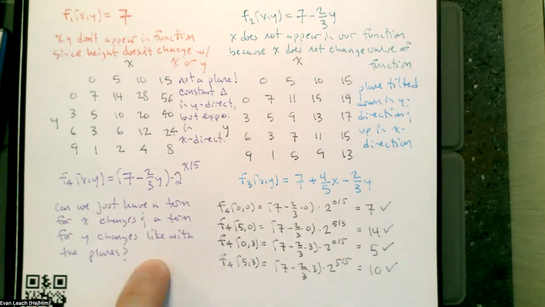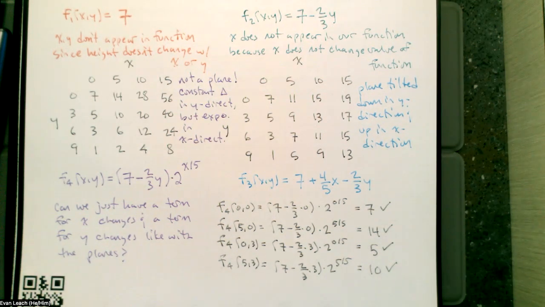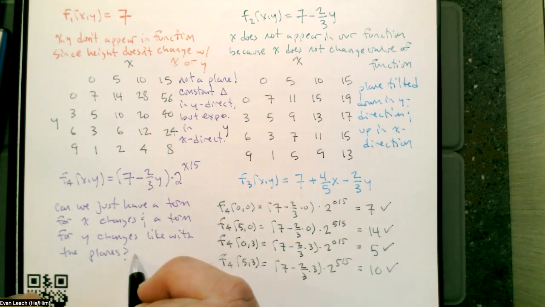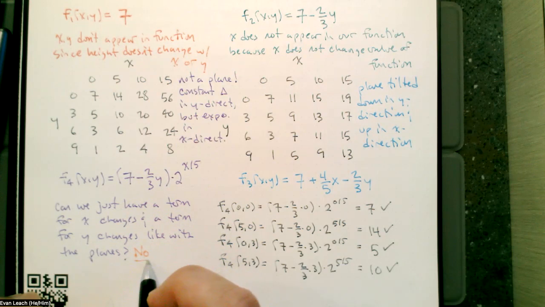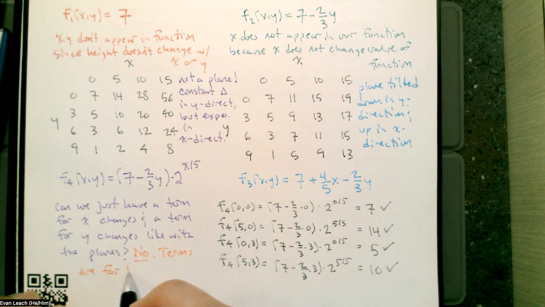So the answer here is no, I can't just have a term for the y and a term for the changes in x, because terms are separated by addition and subtraction, and the changes in x are changes through multiplication. So the answer is no. Terms are for plus and minus.